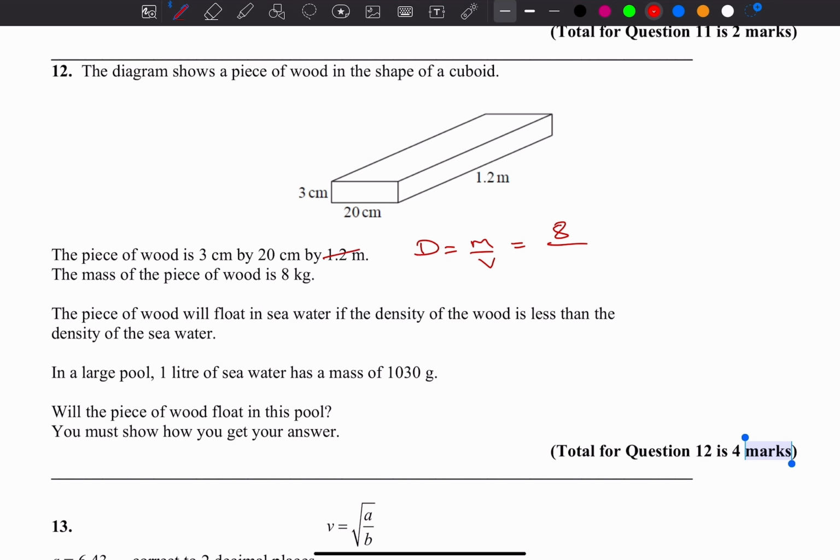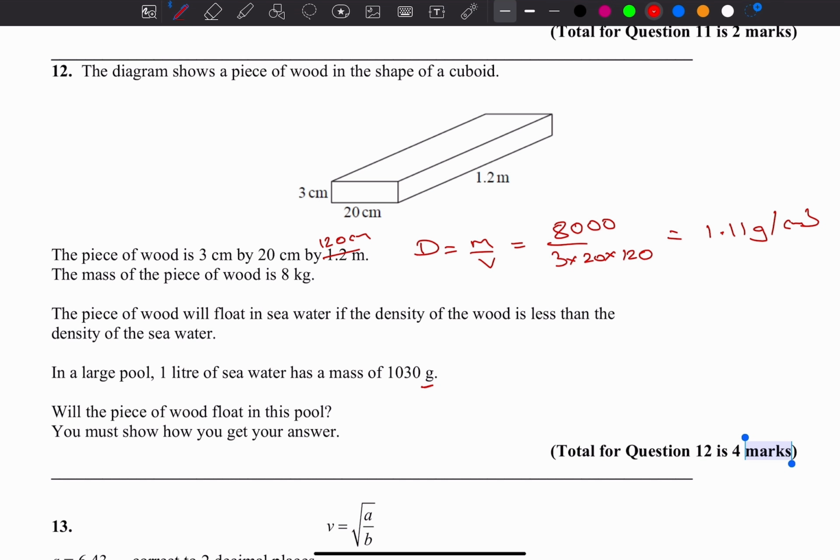Let's convert it into centimeters, 120 centimeters. Otherwise, you can multiply meters and centimeters. The volume is easy. 3 times 20 times 120. Let's convert the mass of 8 kg into grams so it looks nicer. 8,000 grams. So 8,000 divided by 3 times 20 times 120, which will make it 1.11. The unit will be grams per centimeter cubed.